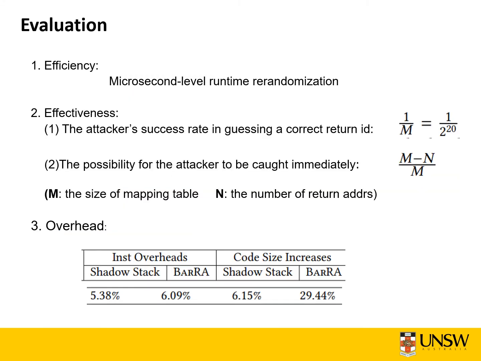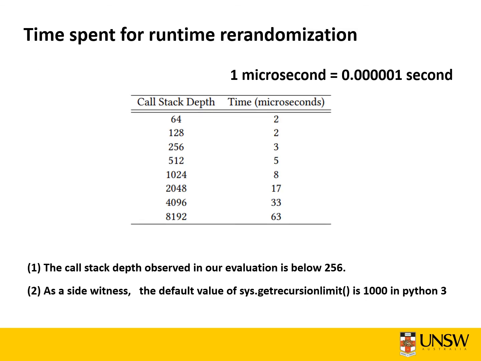Our evaluation demonstrates the efficiency and effectiveness of BALA in protecting return addresses. BALA shows comparable instrumentation overheads as the shadow stack, but at the cost of generating slightly larger binaries on average. The runtime rerandomization overheads at different core stack depths are listed in this table.